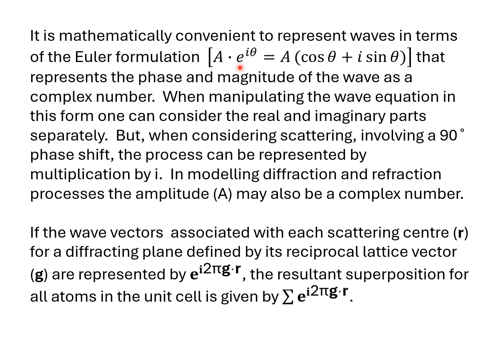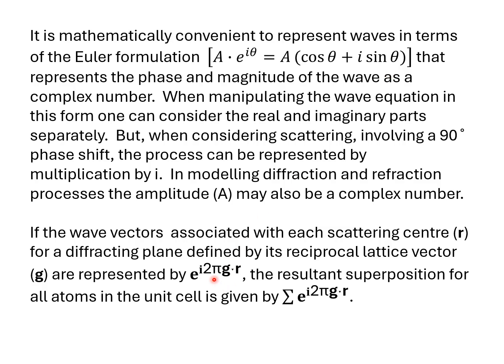If we represent it in this way, A cos theta plus i sine theta, we have a real and an imaginary part. It turns out convenient mathematically, especially when you're doing differentiation, to represent the wave in this form. And then one can simply take the real part if you want, or the imaginary part if it suits, after you've done some manipulations.